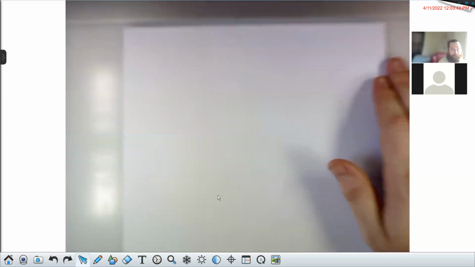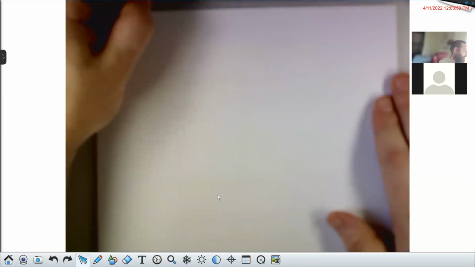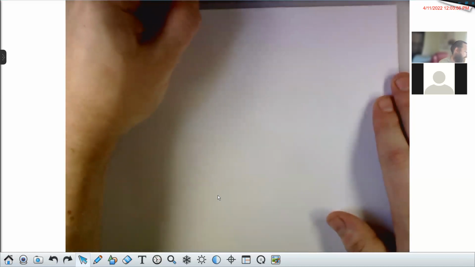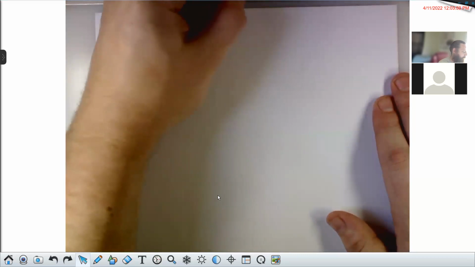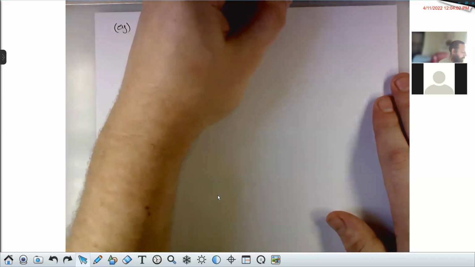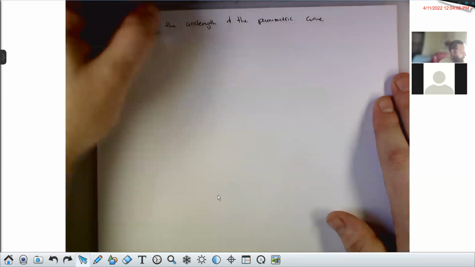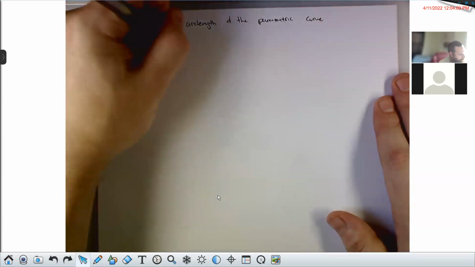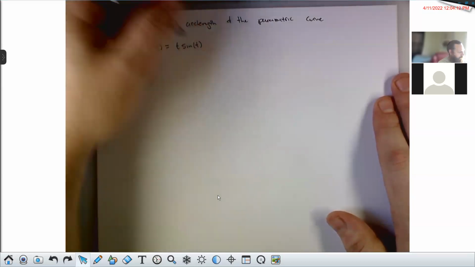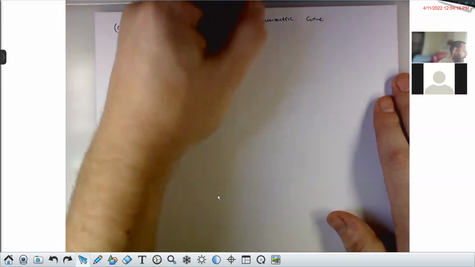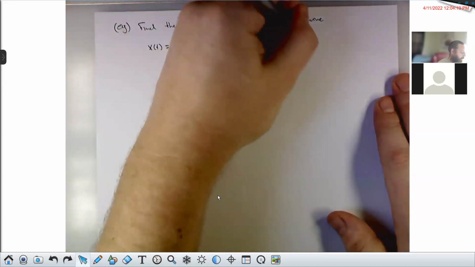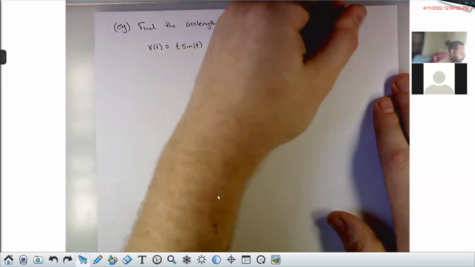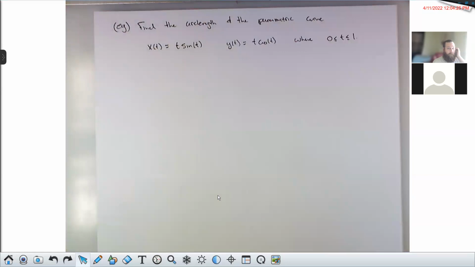Before I dive into this next problem, I want to actually talk about the graph for a second, because it's a cool curve. Let's talk about this guy.